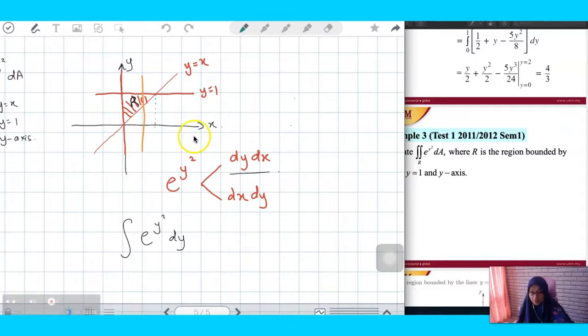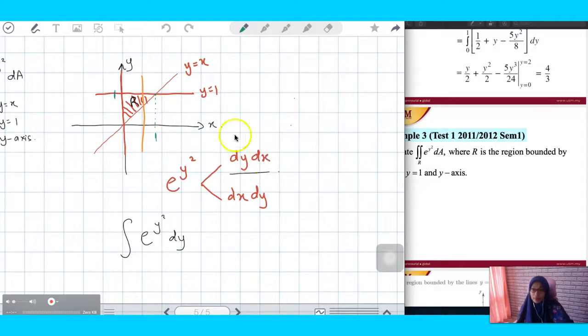We know that y equal to 1 intersects with y equal to x at this point. So when y equal to 1, x should be 1. Now you can see this orange line is a vertical line, because you are choosing x constant here.